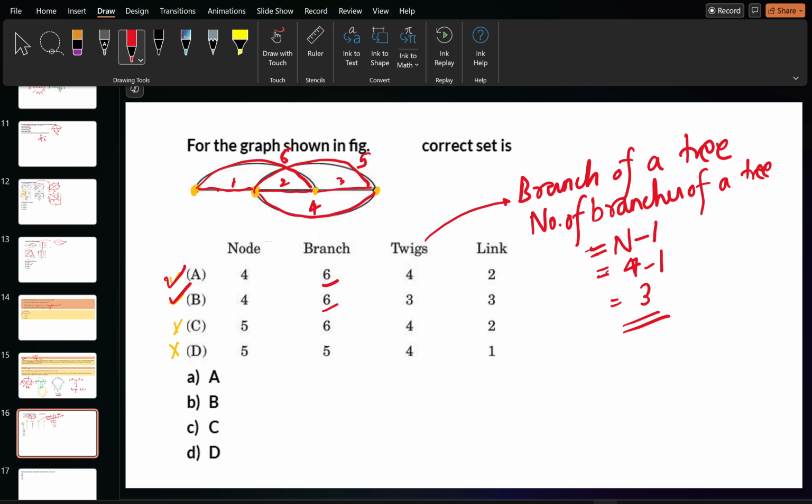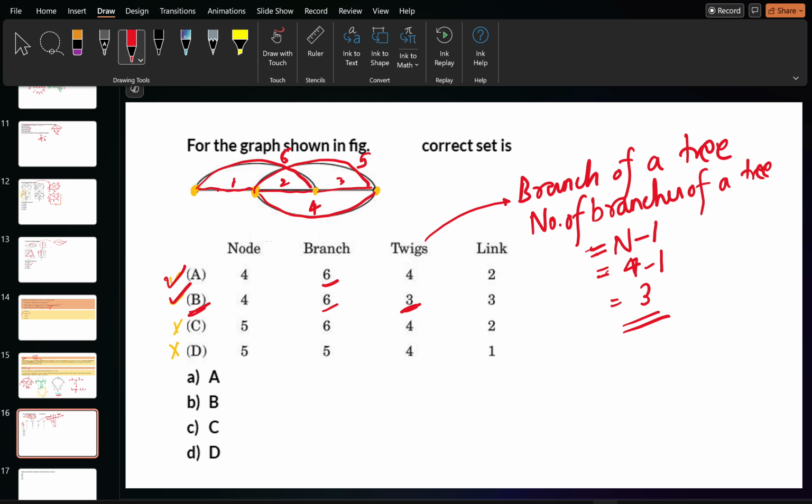Whatever the number of nodes, minus 1 is the number of twigs. So this option C is there, 3. So option B is actually correct.